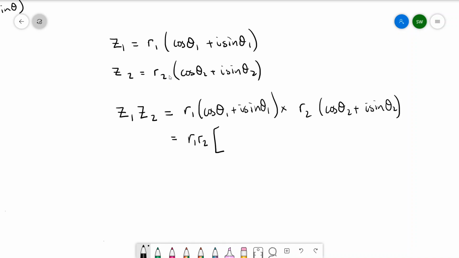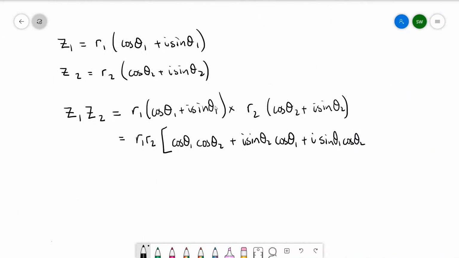And then I'm going to multiply out this double bracket. So we've got cos theta 1 cos theta 2, plus i sine theta 2 cos theta 1, plus i sine theta 1 cos theta 2, and then finally we've got i sine theta 1 times i sine theta 2, so we're going to have plus i squared sine theta 1 sine theta 2.